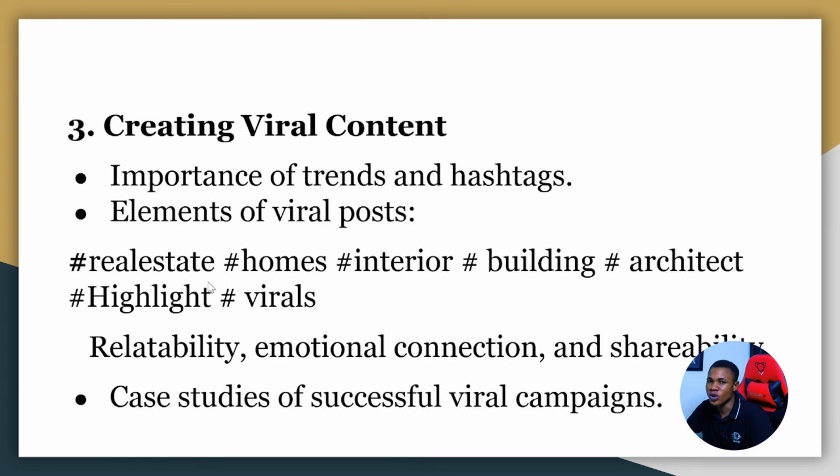If somebody goes to Facebook, for example, and types best real estate to buy, or best house to buy, your content will come up among other people who also use that hashtag, and by that the content will be visible to other people.